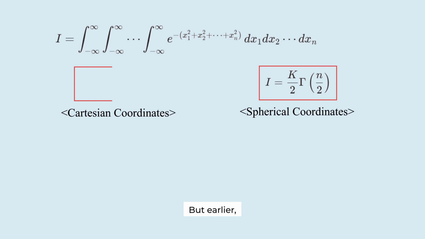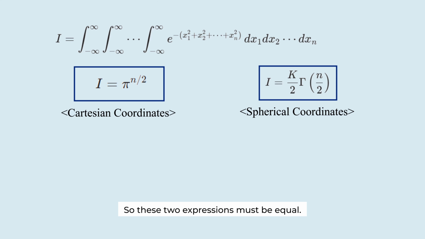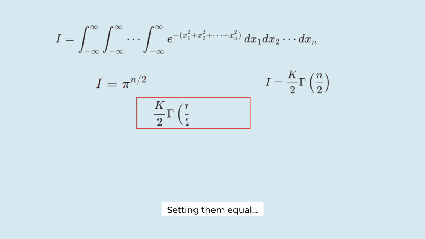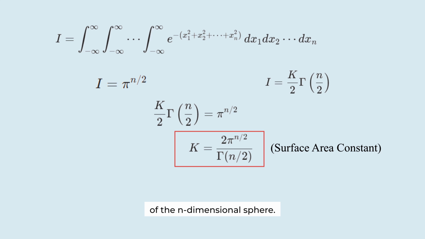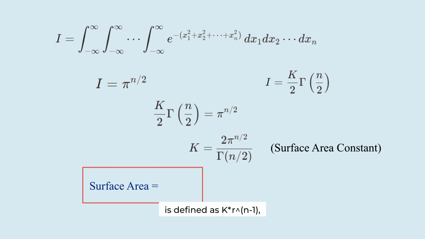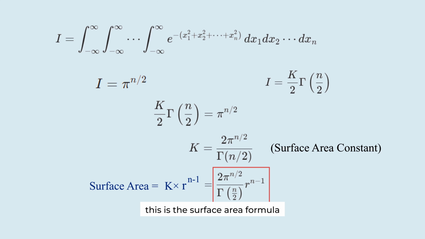But earlier, we already computed I. It was pi to the power of n over 2. So these two expressions must be equal. Setting them equal allows us to solve for k, the surface area constant of the n-dimensional sphere. Since the surface area is defined as k times r to the power of n-1, this is the surface area formula of an n-dimensional sphere.